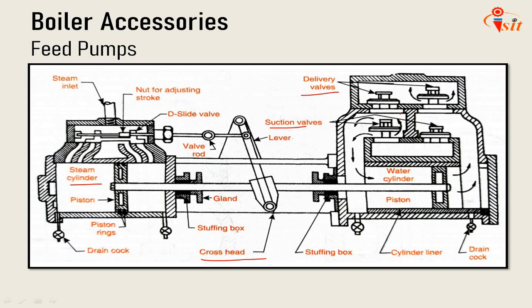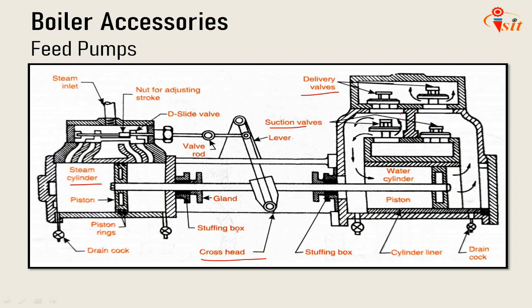Rotary feed pumps are of centrifugal type and are commonly run either by a small steam turbine or by an electric motor. A rotary pump consists of a casing and a rotating element known as impeller which is fitted over a shaft.